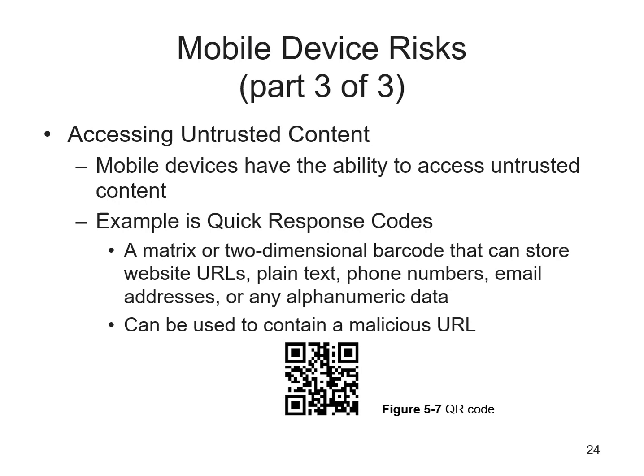Now, accessing untrusted content. Mobile devices have the ability to access untrusted content. For example, a quick response code, a matrix or two-dimensional barcode that can store website URL information, which appears on any document, entry card, or identity card, can be used to contain a malicious URL. You'll scan it and think it's an authentic website since the ad looks quite legitimate.